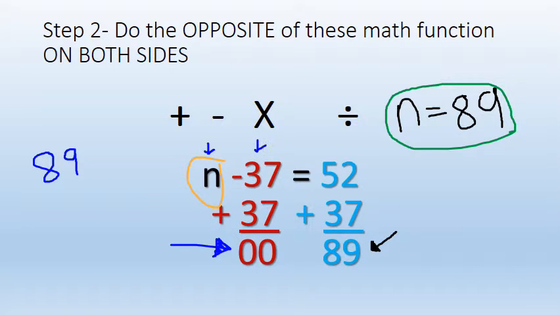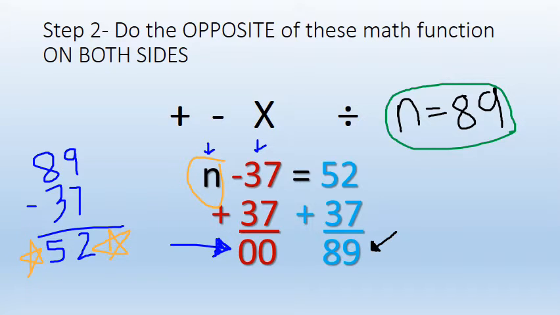Minus 37 equals 52. And we got the correct answer.